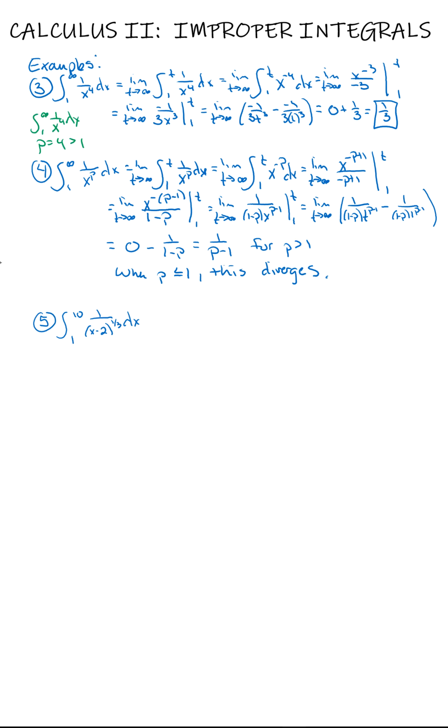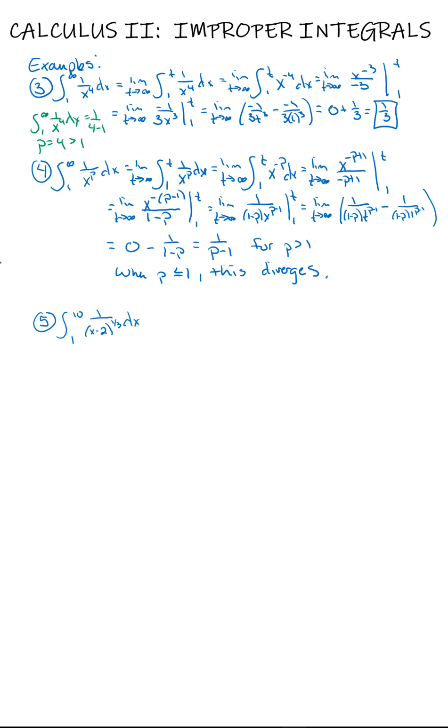And so we should end up with 1 over p minus 1. So that would be 1 over 4 minus 1, which is exactly what we got. 1 over 4 minus 1 is 1/3. So it worked for example 3 quite nicely.